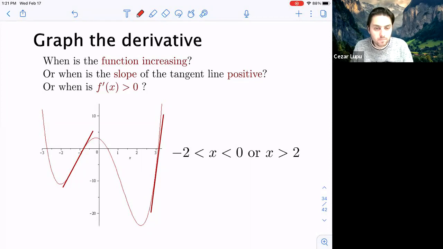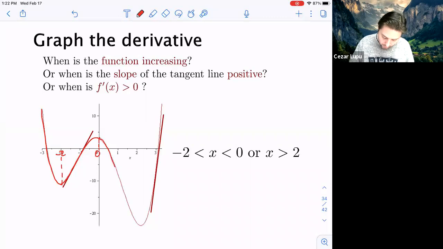Well, which one is it? Let's look again at the graph here. It falls to the point here, and this is -2, you can see. Then the function rises all the way to some point here at 0, which is for x equals 0.